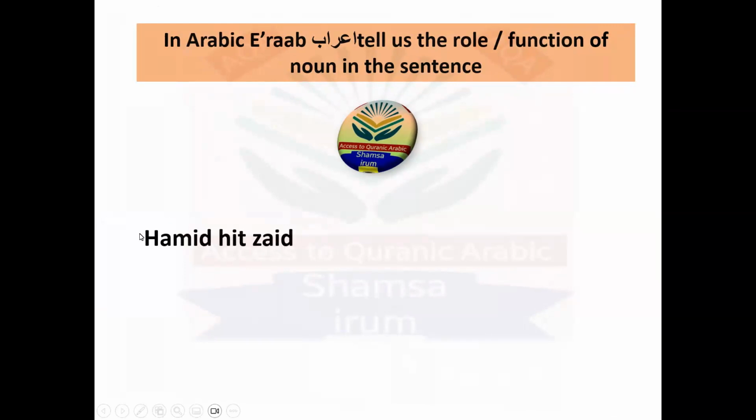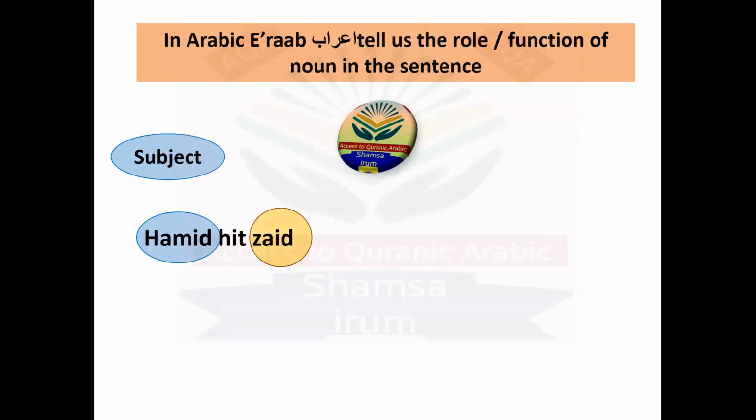Next, the sentence here is Hamid hit Zaid. Very simple sentence, only 3 words. If I ask what the role of Hamid is here, I must say that it is a subject. And what's the role of Zaid?